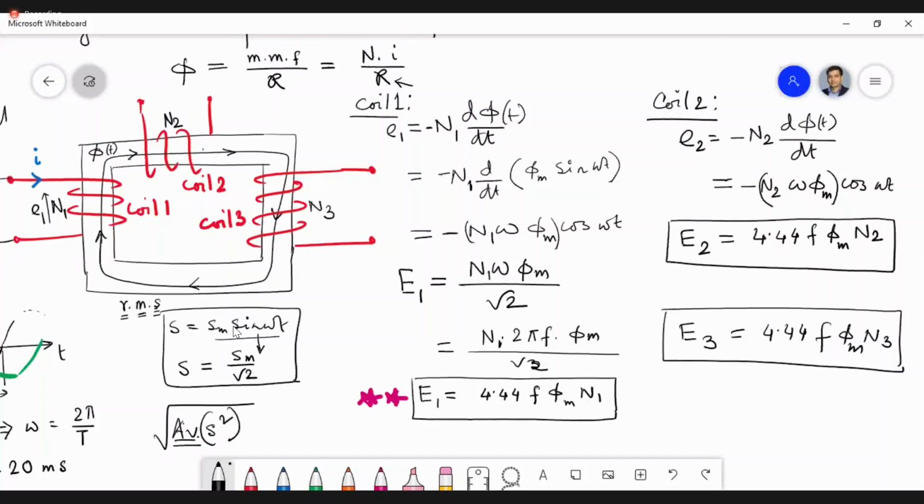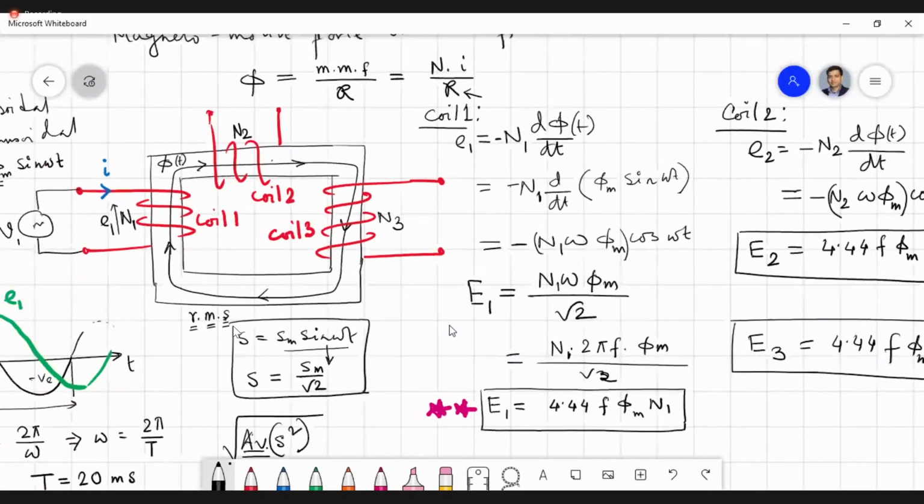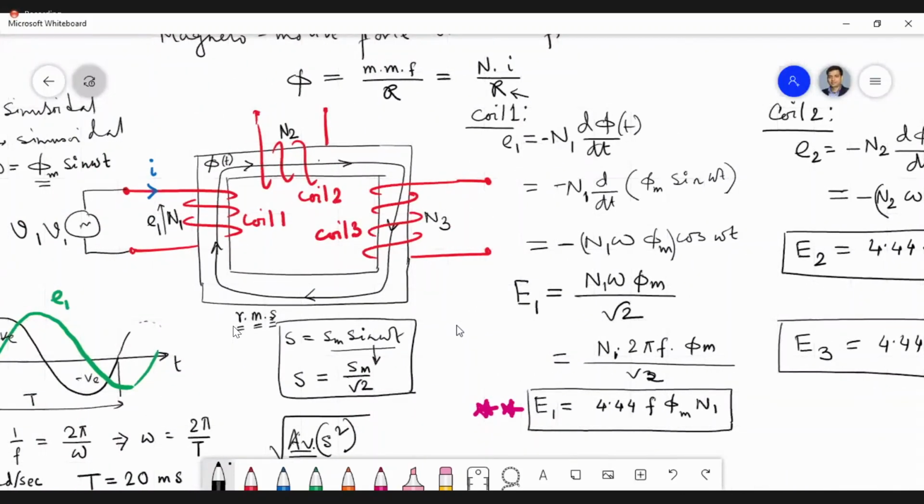The coil to which the voltage source or the input voltage is connected is called the primary. The second coil where the voltage is getting induced is called the secondary. The third coil where the voltage is getting induced is called the tertiary.